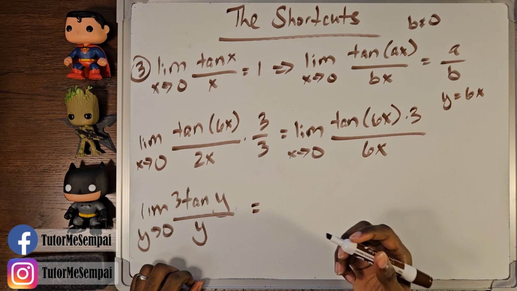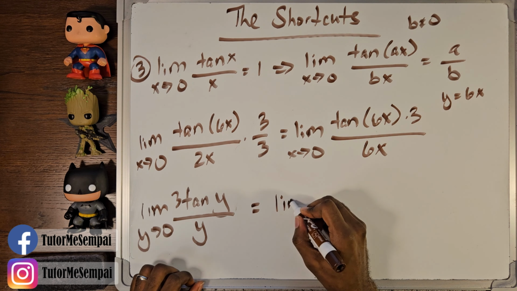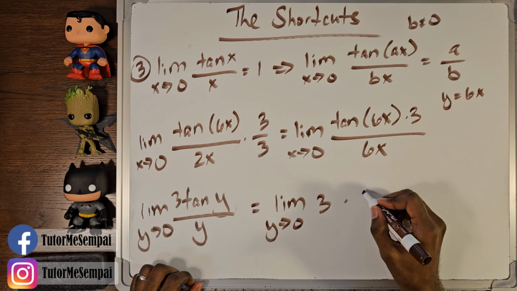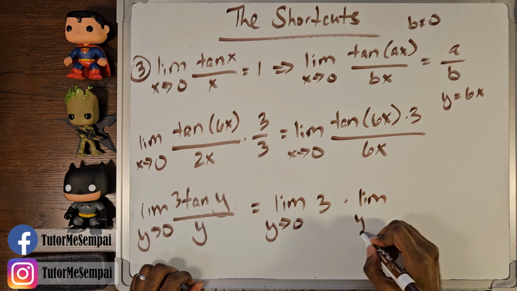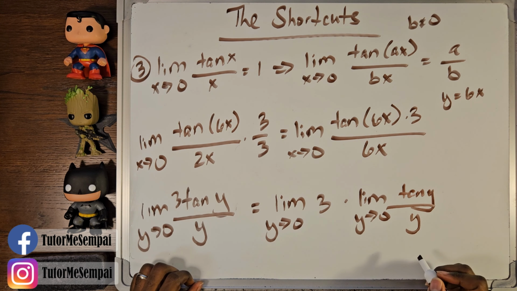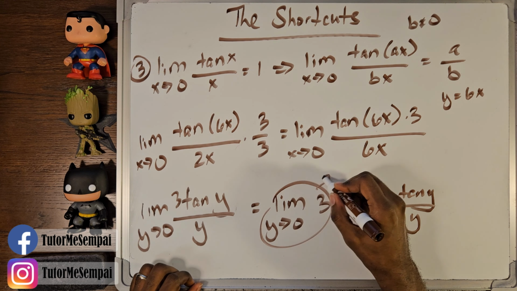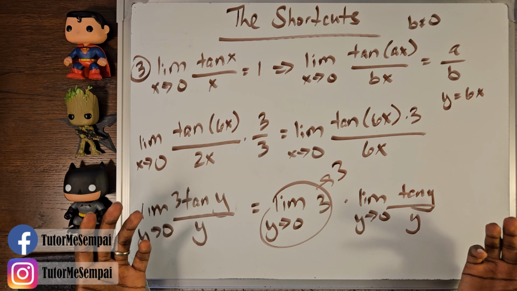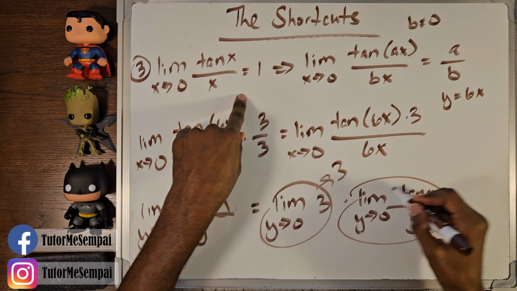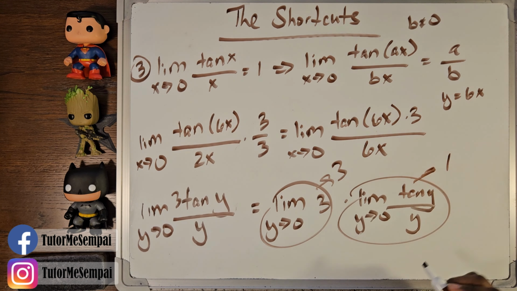And we can always write this as the limit as y goes to 0 of 3 times the limit as y goes to 0 of tan y over y. This is going to go to 3 because it's a constant. And this we know to be 1. 3 times 1 is going to be 3.